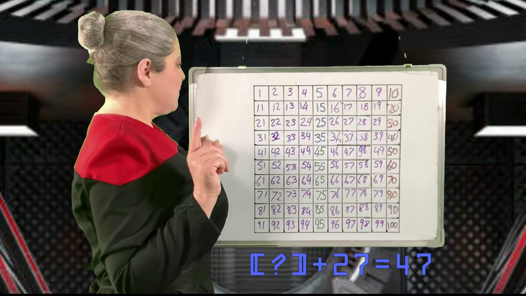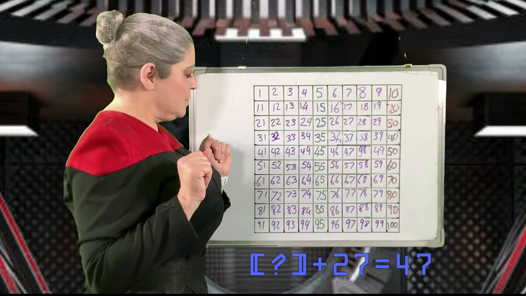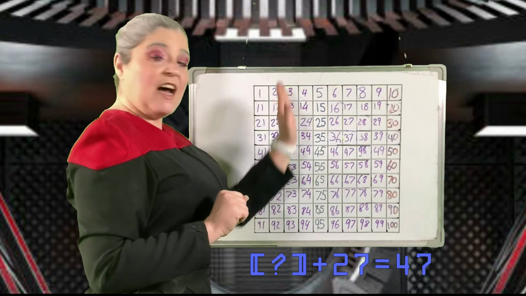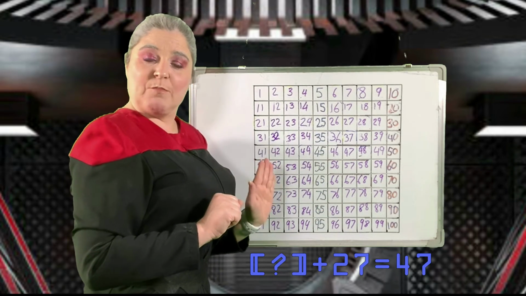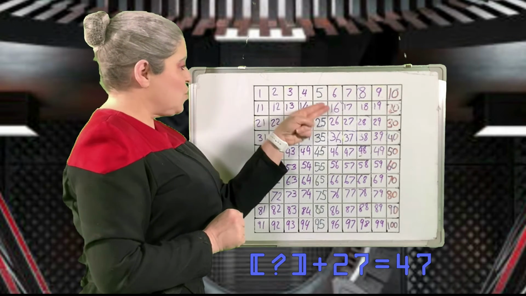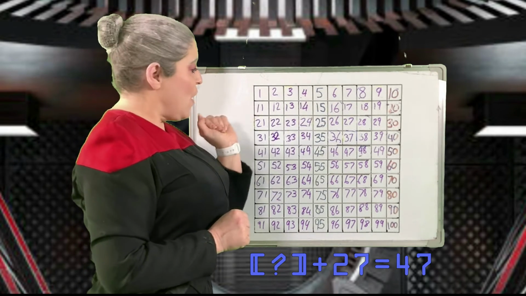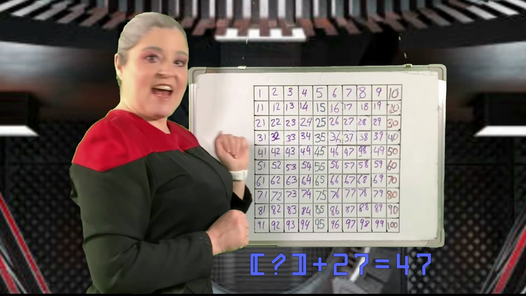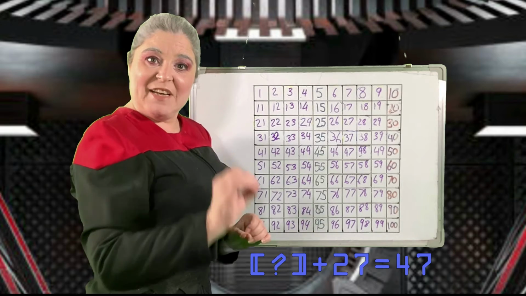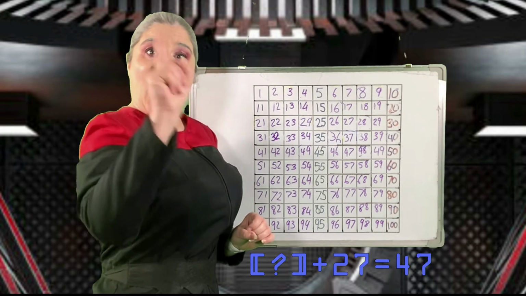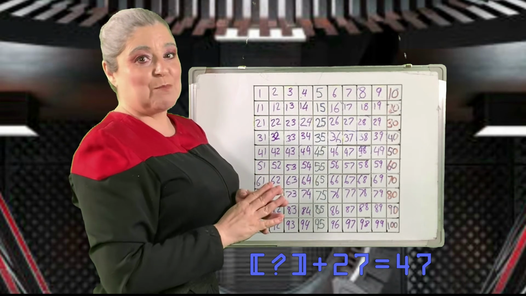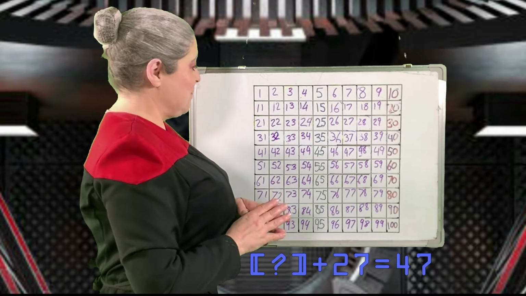Good. Now, are the given numbers right underneath each other on the number square? Yes, they are. 27 is there, 47 is there. So, we know that the missing number is a multiple of 10. Which multiple of 10 is it?